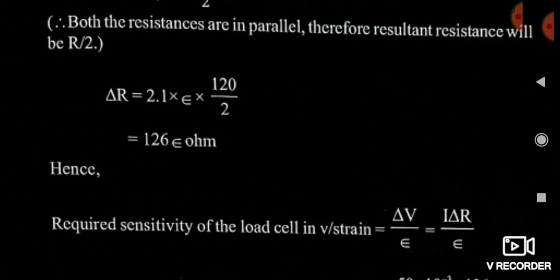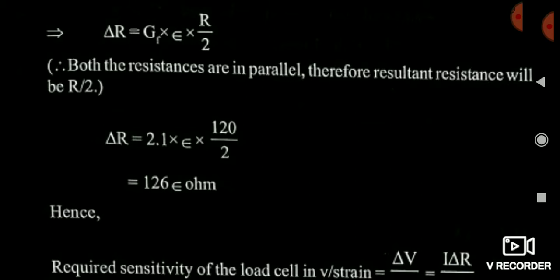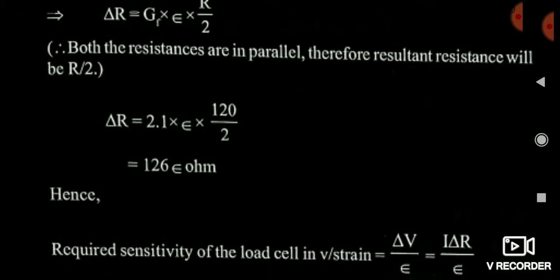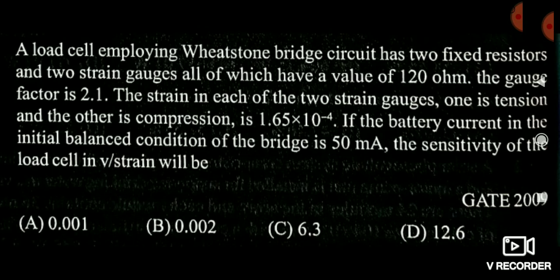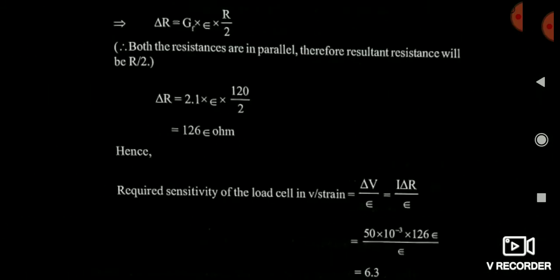So friends, for calculating the voltage, we use the voltage formula I have shown you in the previous slide. Voltage is V equal to IR. I is given in the question; the current is 50 milliampere, and we have to calculate the delta R value, meaning the change in resistance.